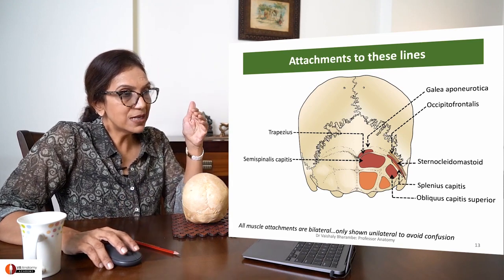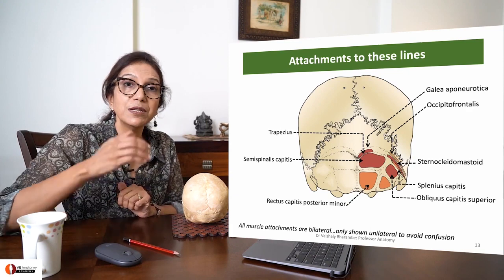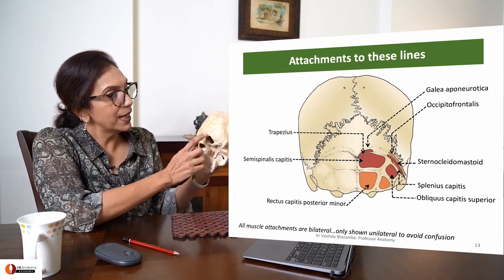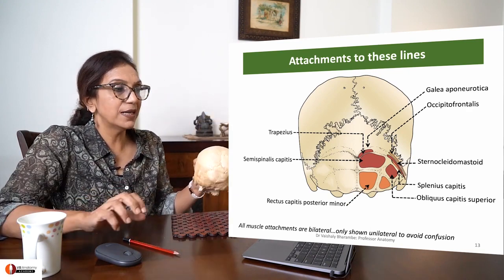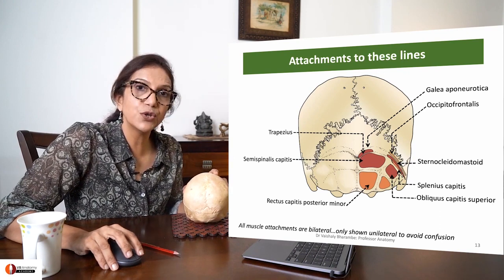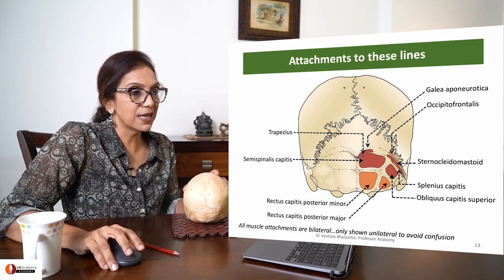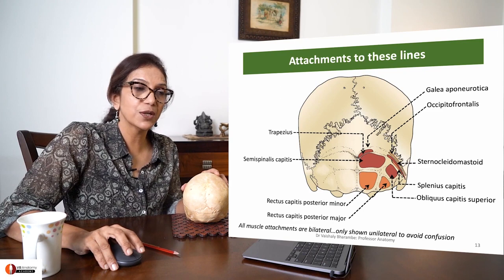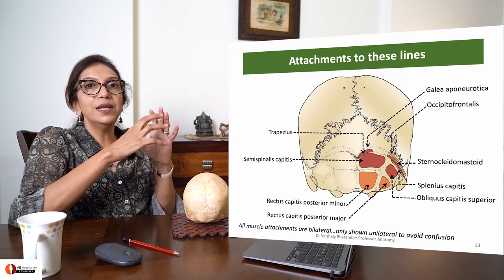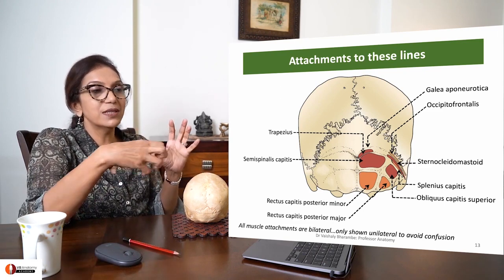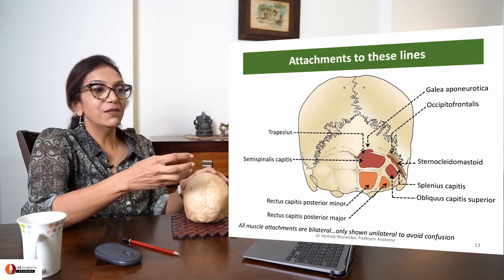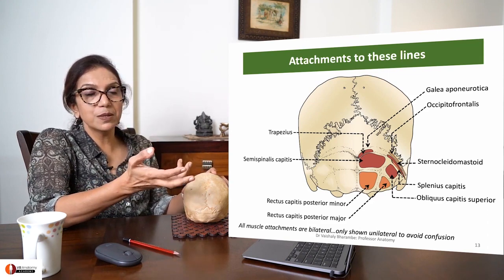Now cross the inferior nuchal line and come to the space below it. Here you will find the attachment of rectus capitis posterior minor and rectus capitis posterior major. So these are all the attachments on the occipital bone, which is part of the Norma Occipitalis.